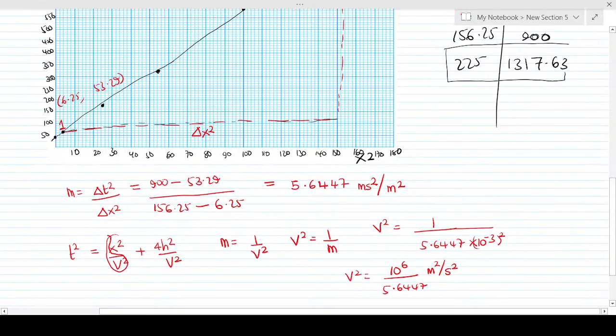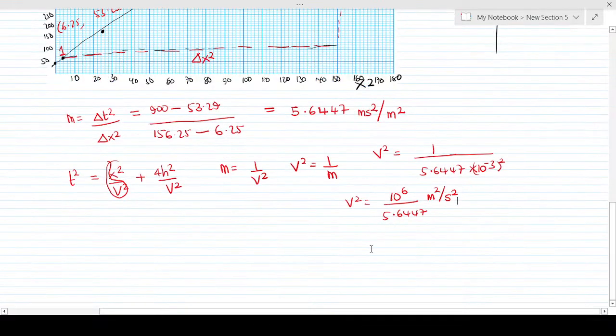So 10 to the power 6 over 5.6447. So my v squared, when I move down a little bit, I can see that my v squared is equal to 177157.3334 meters squared per second squared.